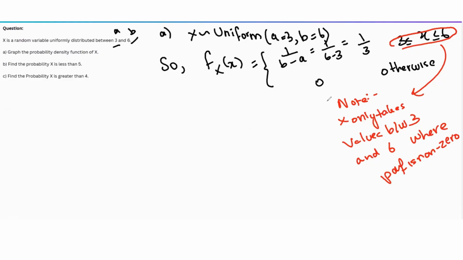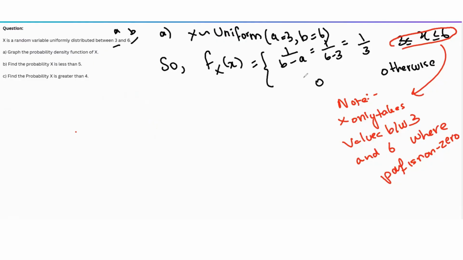A definite integral of 0 from a to b, 0 dx, turns out to be 0. So that makes sense.